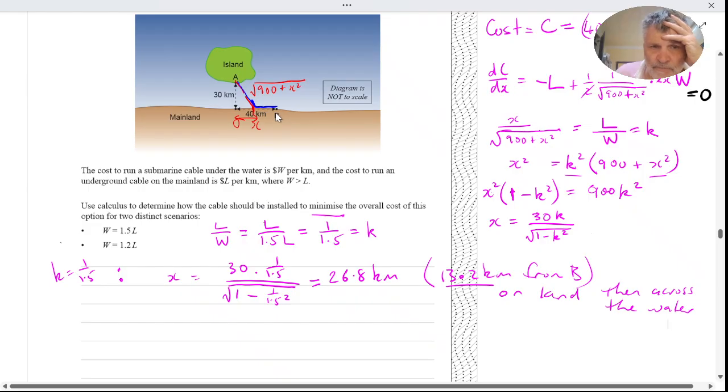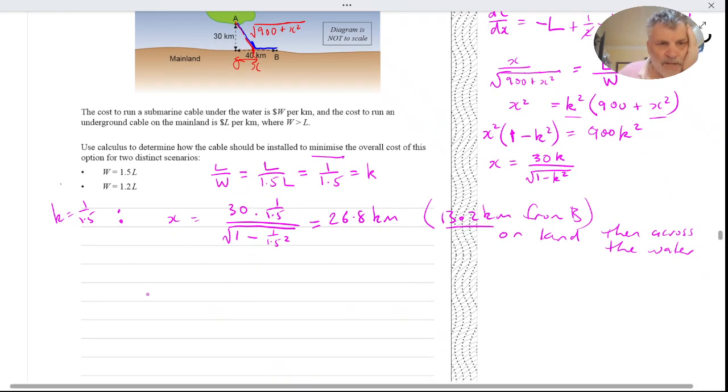So 13.2 kilometers from B or 26.8 kilometers from a point on the land opposite A would determine this point, and that tells you where to go or how to do this to get a minimum. We haven't actually determined that it's a minimum yet. I'll address that in a minute.